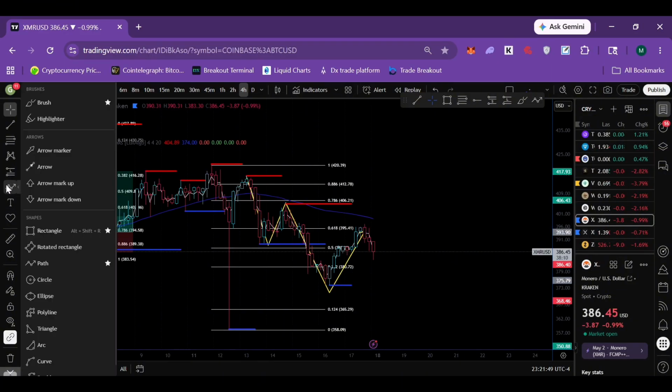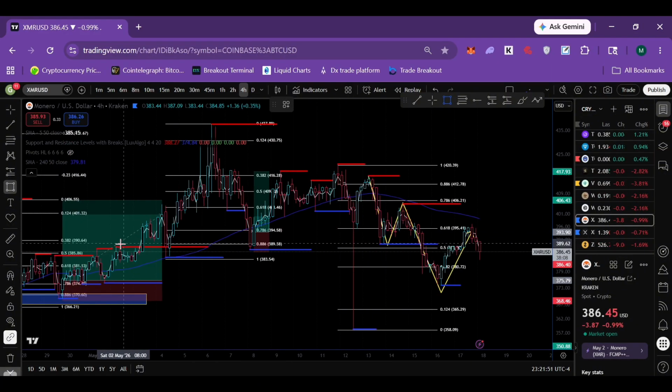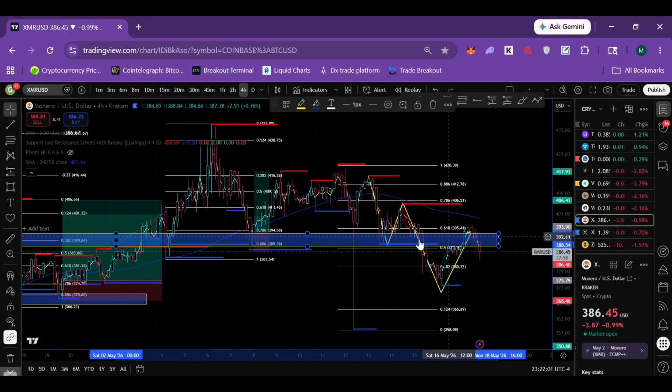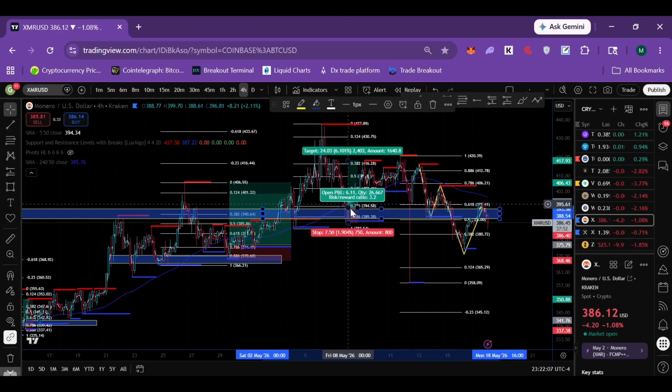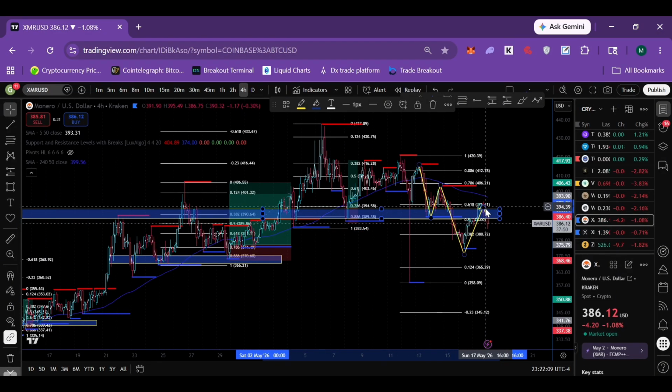We also see the market here, where it's reacted, rejected, rejected, rejected, rejected, rejected. It could potentially go down and make a low.